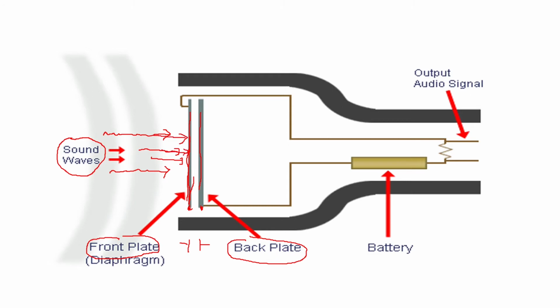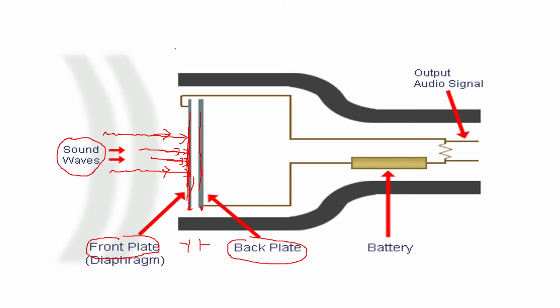As the sound waves strike, this plate is going to vibrate in and out according to the sound wave intensity, whereas the second plate, the back plate, is fixed.